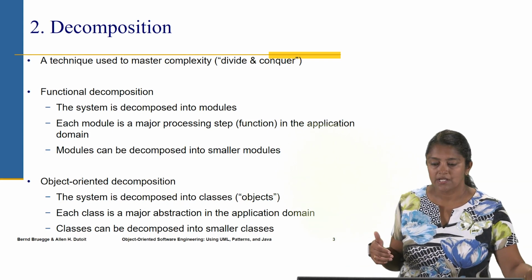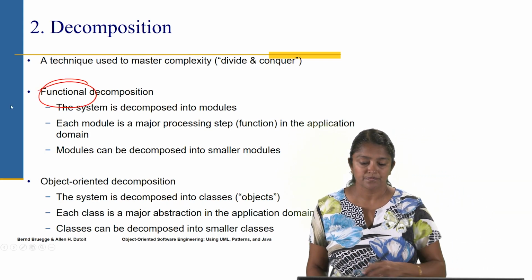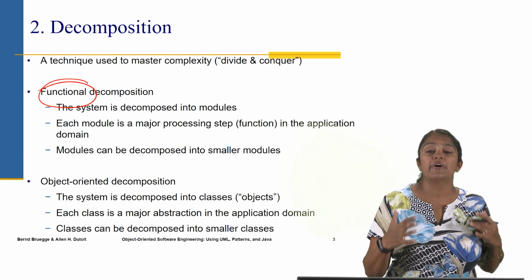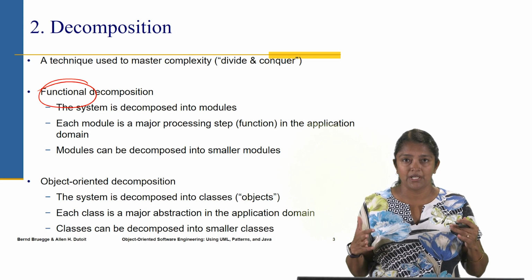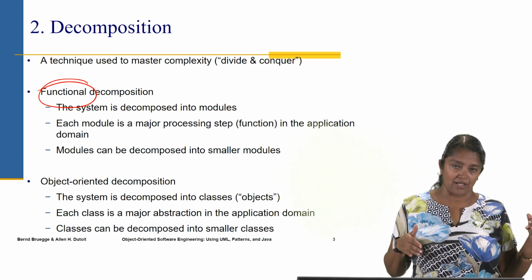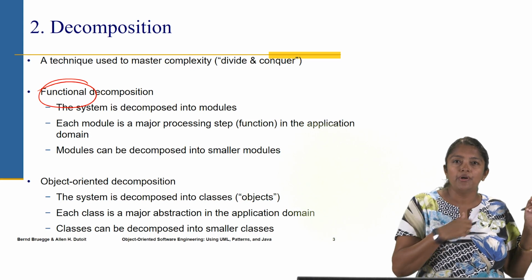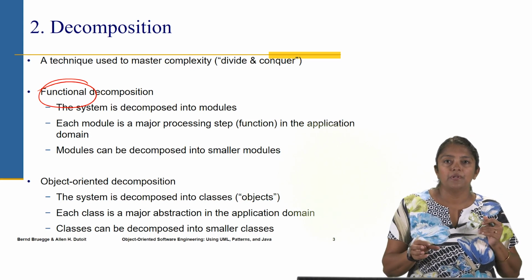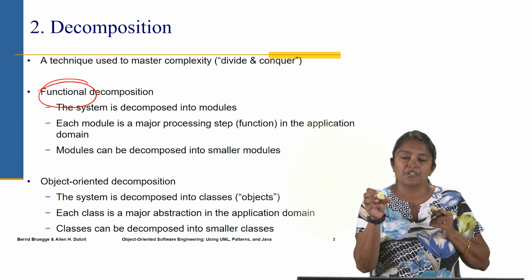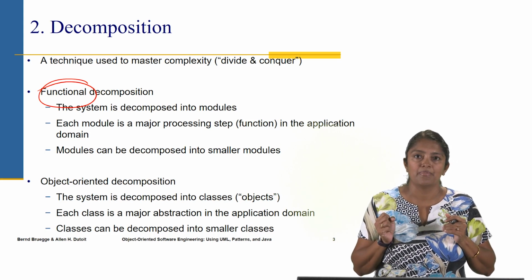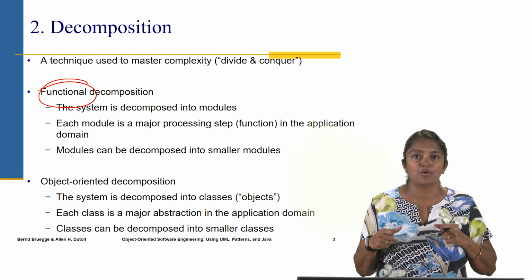The first one is functional decomposition. So basically the idea is to now think in terms of functionality of the system and break it down based on that functionality. So decompose the system into smaller modules where each module handles a function. So it's one major processing step in the application domain.